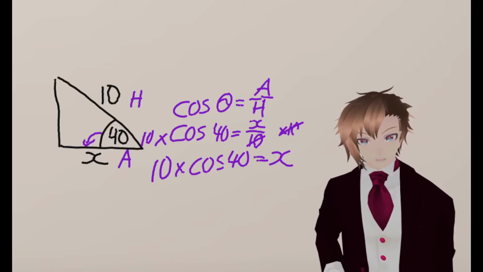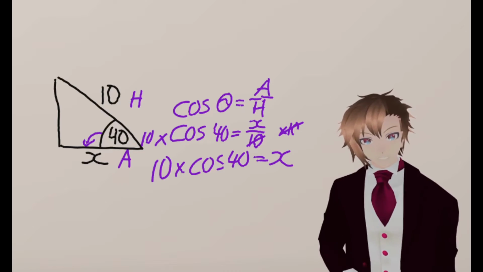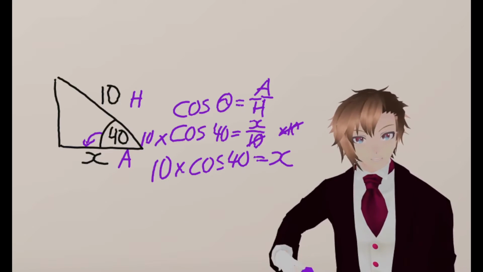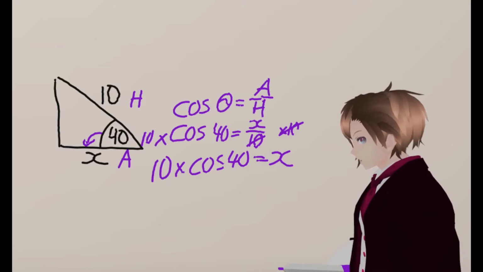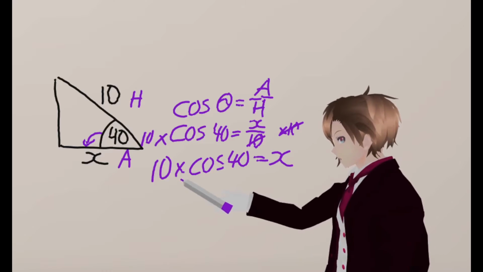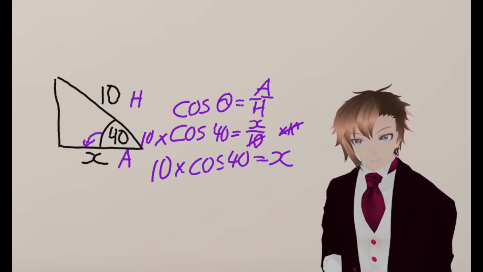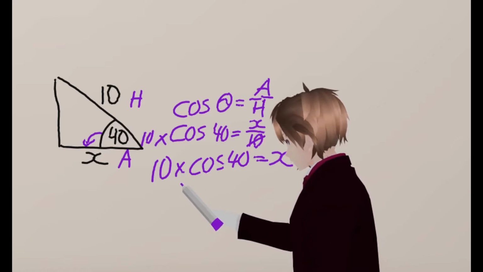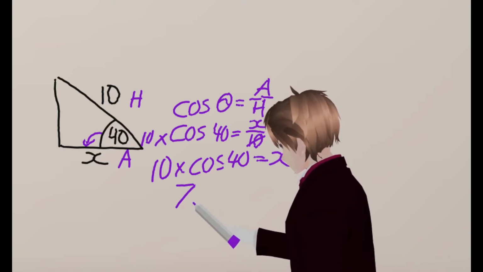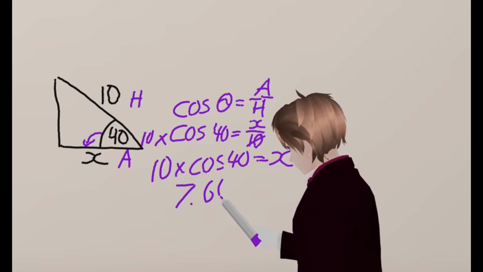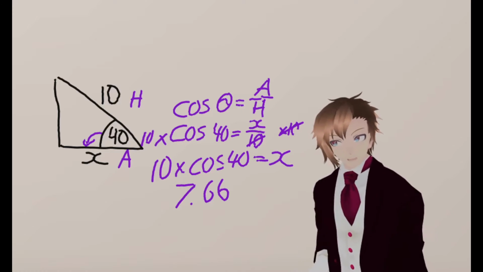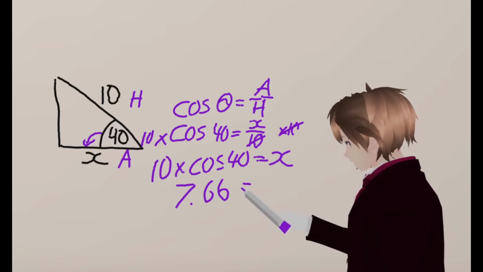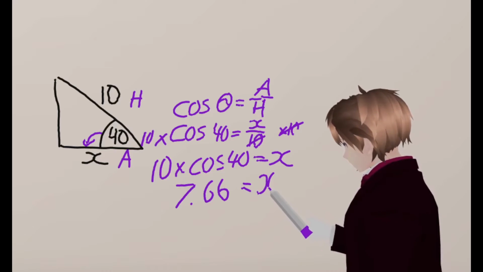Cos 40, if you put into a calculator, is 0.766, and it's a very long number, so it keeps going. Lots of decimal places. So we have 10 times cos 40. And if you put 10 times cos 40 into a calculator, you will get 7.66. I like to use 2 decimal places, and that ends up being our length of x.